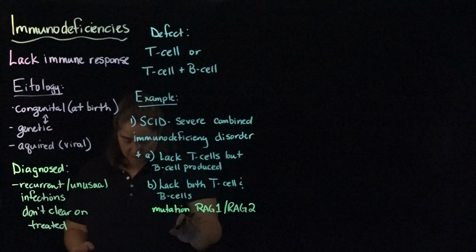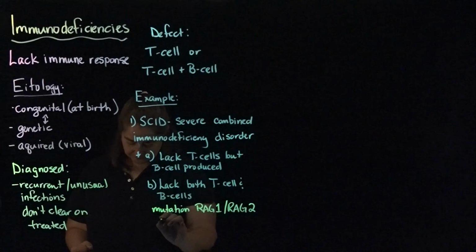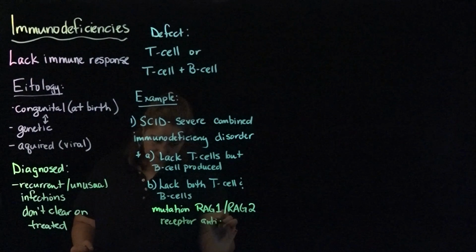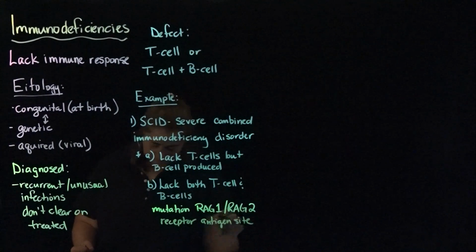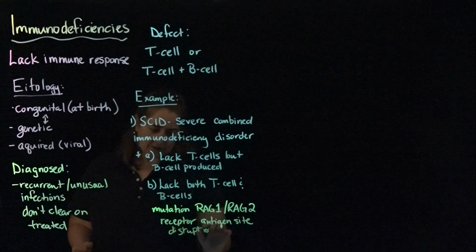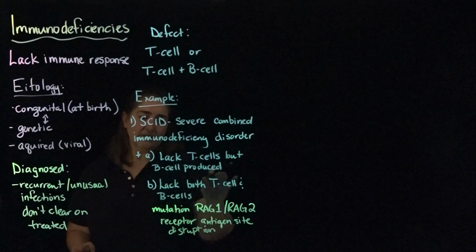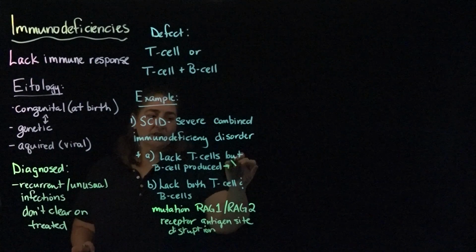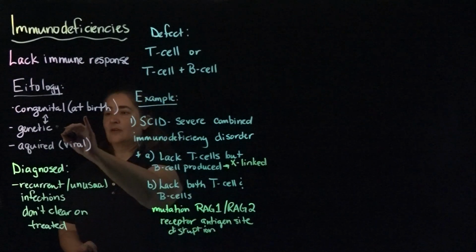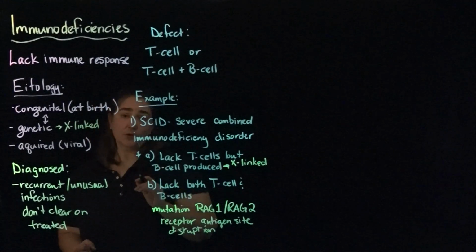So what ends up happening with that deficiency, you've got a disruption in the receptor antigen sites, okay? You can also have a lack of T cells but have the B cells produced. This one tends to be X-linked, okay? So X-linked is going to be a genetic disorder.